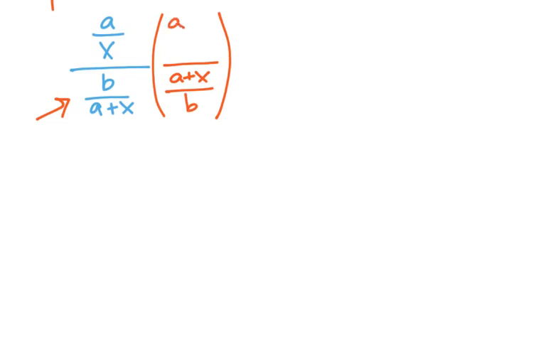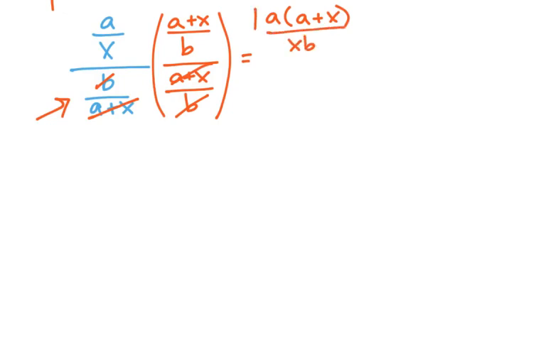And then we're going to rewrite that whole thing again up here so that this whole a plus x cancels out and this whole b cancels out. And then up here we have a times a plus x over x times b. And then they often let you just end like this. This is how they leave the answer, or you could distribute that a if you like.